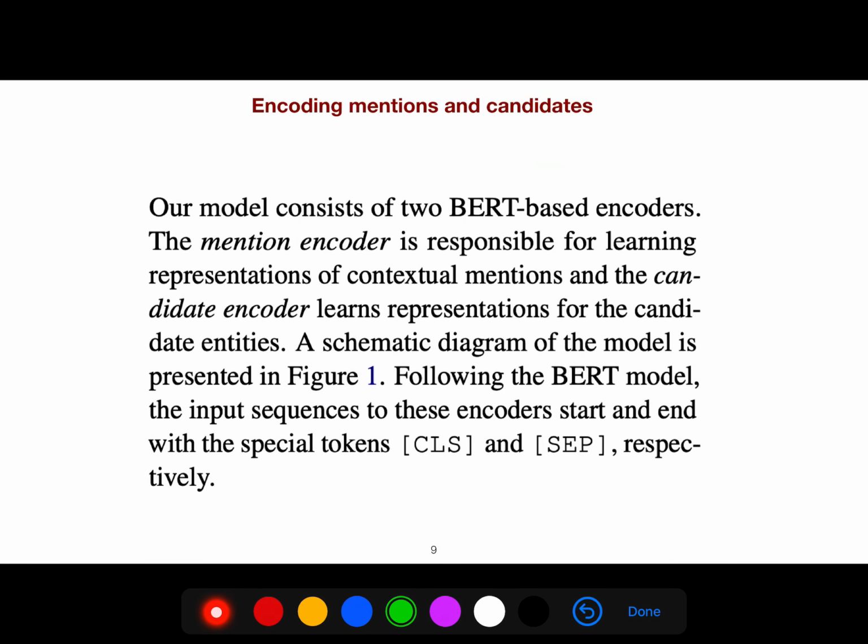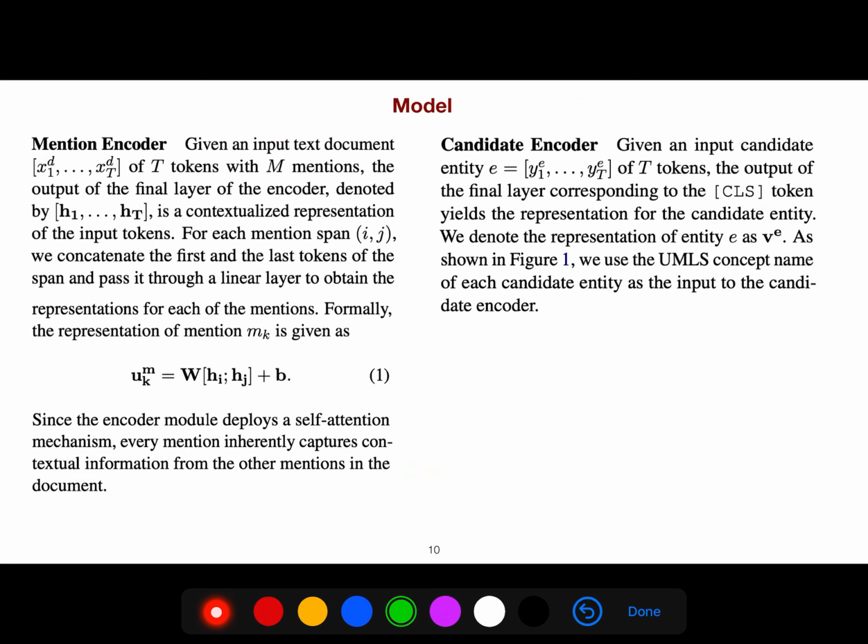So CLS and then separator, they use it for start, and they use start and end special tokens. For example, Hi is the start of the mention, Hj is the end of the mention, and after you represent it, you have a sequence H1, H2, ..., HT, because we have T tokens.